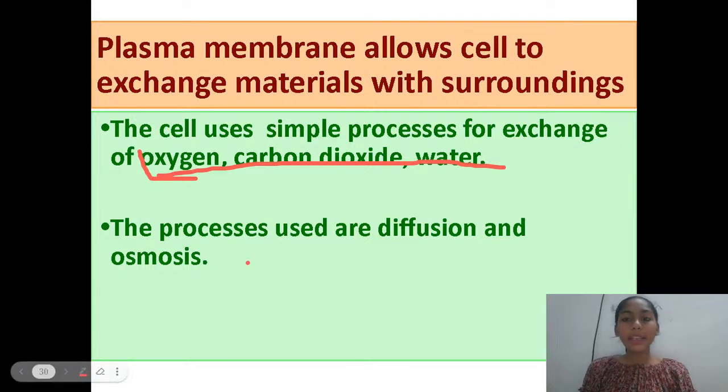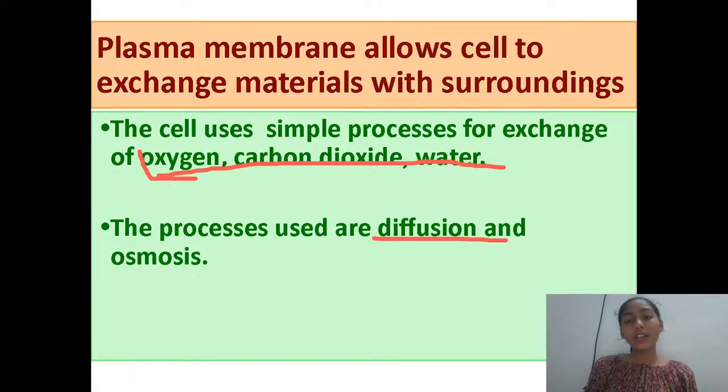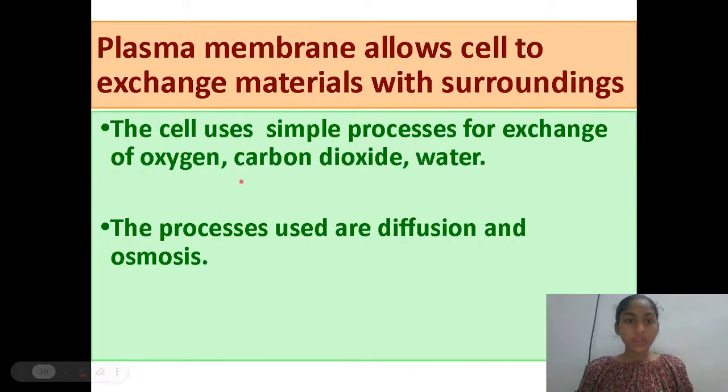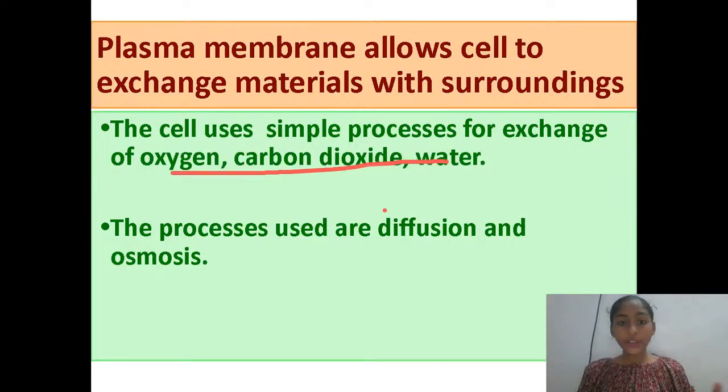So these can come in and out of the cell. They have the access because of the processes called diffusion and osmosis. So oxygen, carbon dioxide, and water move in and out of the cell using diffusion and osmosis.